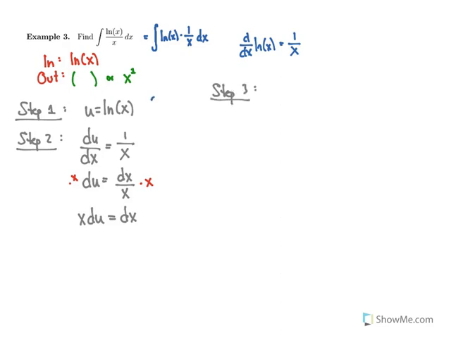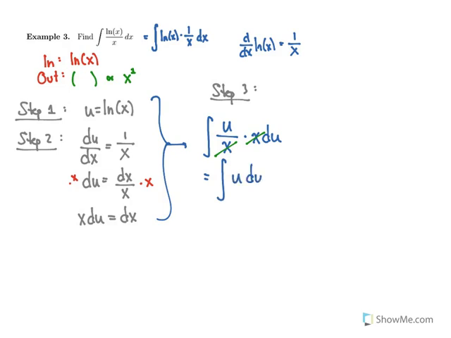In step 3, we're going to take all of this and plug it into our integral. We will have u over x times x du, and although it's kind of flipped, the numerator and denominator, those x's still cancel out, and we are left with a u du, which is a very simple integral to do.